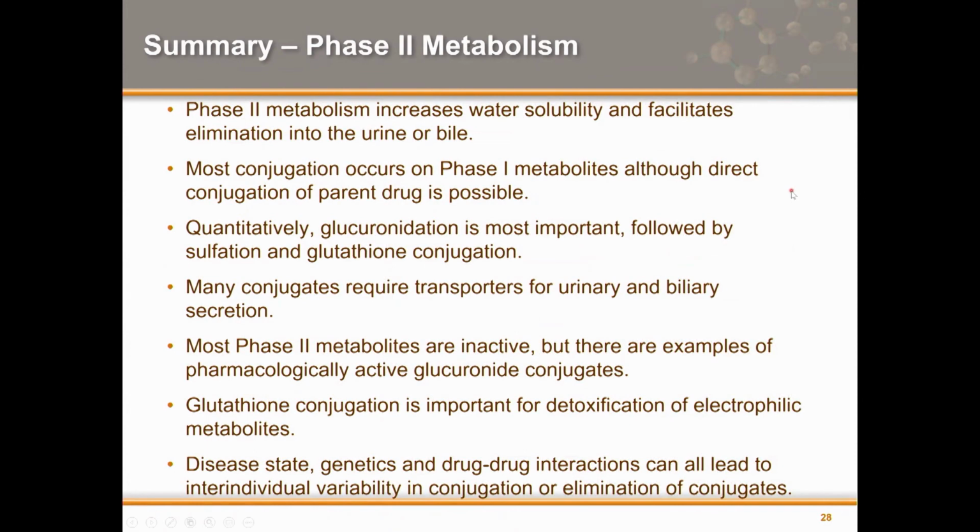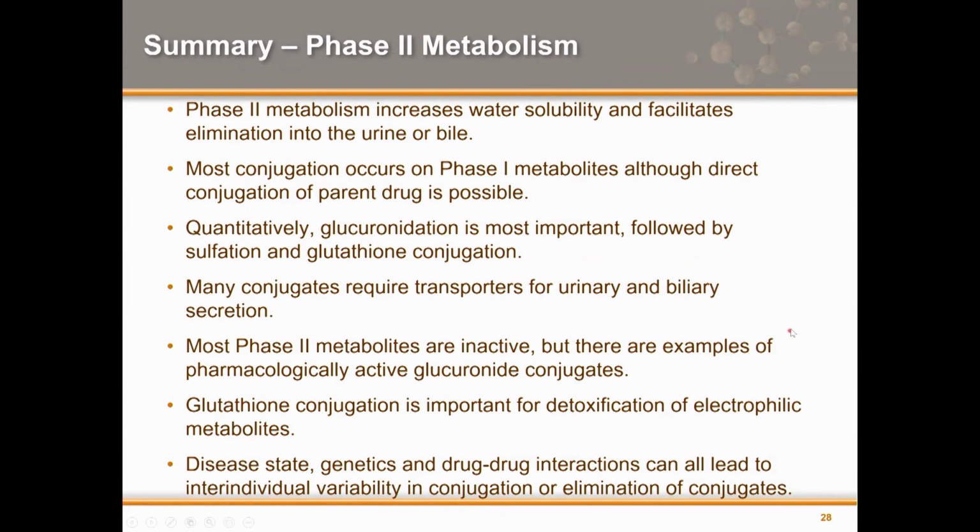The most important conjugation reaction quantitatively is glucuronidation. This is a high capacity reaction, and this is followed by sulfation and glutathione conjugation. Because the purpose of these conjugation reactions is to increase hydrophilicity, these conjugates typically are charged at physiological pH and require transporters for urinary and biliary secretion.